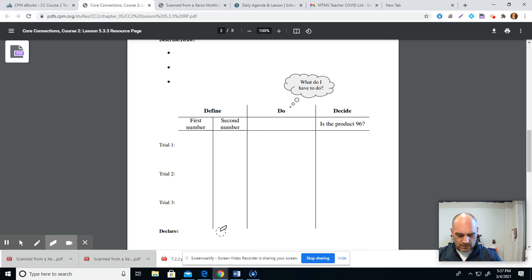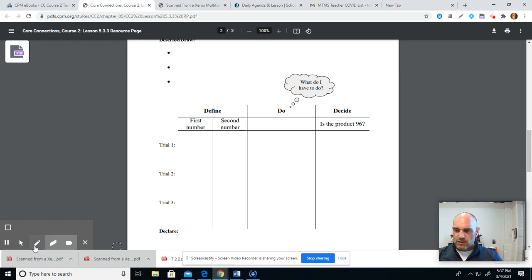So for my declare, I found out that my numbers were, sorry, just went brain dead for a second. So when I did that, I found out that my numbers were 12 and 8.